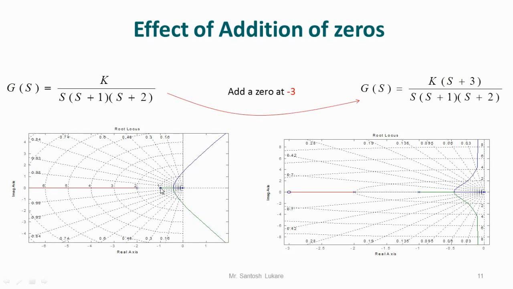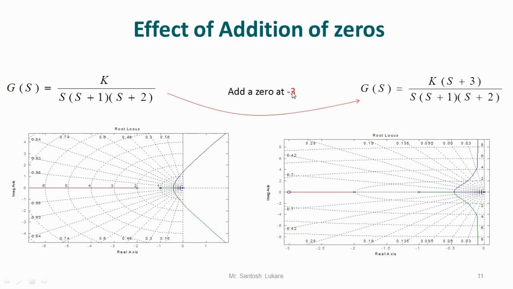In the same way, the second branch of the root locus starts at -1, comes towards the breakaway point and travels towards infinity in the fourth quadrant by crossing the imaginary axis. And this red color plot is just the real axis tending towards infinity, starting at s equal to -2. So for this original system, my root locus enters into the unstable region.